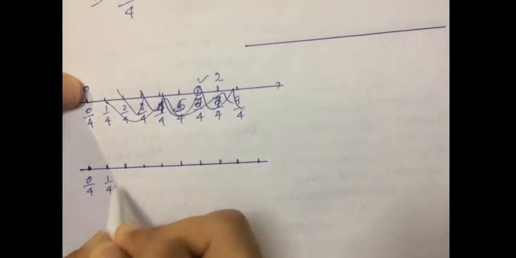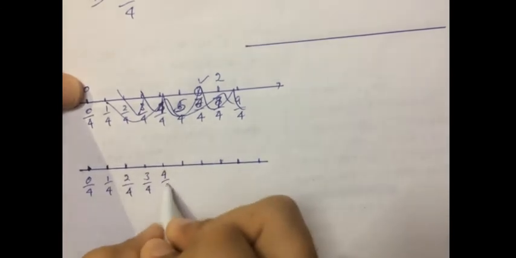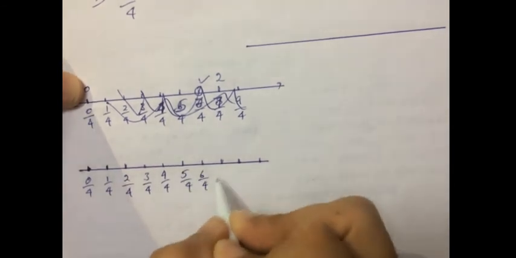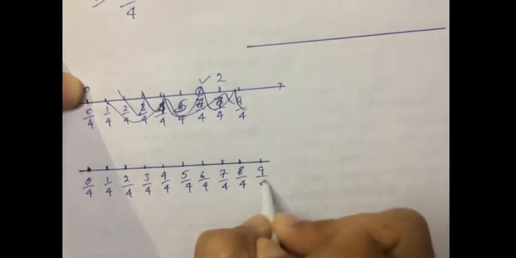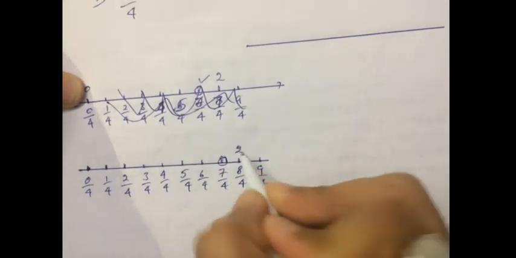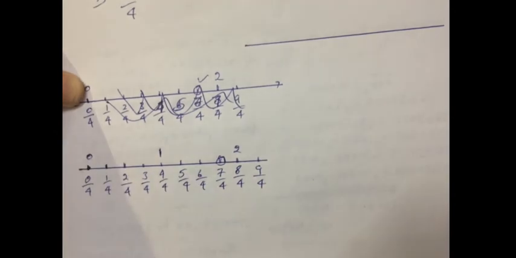Zero by 4, 1 by 4, 2 by 4, 3 by 4, 4 by 4, 5 by 4, 6 by 4, 7 by 4, 8 by 4, and 9 by 4. This is the number which we have to show. I'll circle it out. This will be 2, 8 by 4 is 2, 4 by 4 is 1, and this is your 0. This is how you can show 7 by 4 on a number line.